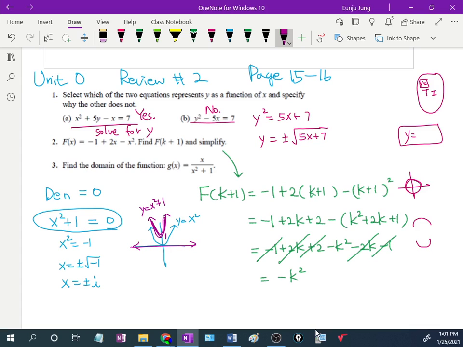Since x squared plus 1 is always greater than or equal to 1, there is no point making the denominator 0. So the domain is all real numbers, okay? Make sense? The domain is all real numbers because it never makes the denominator 0.